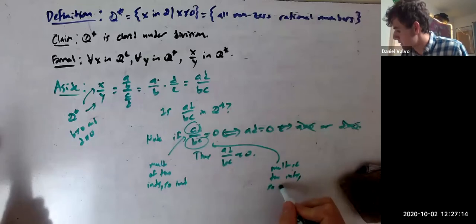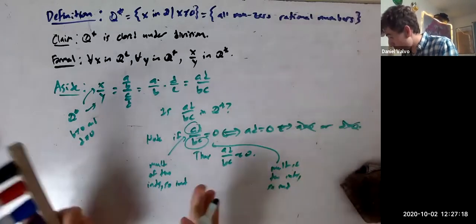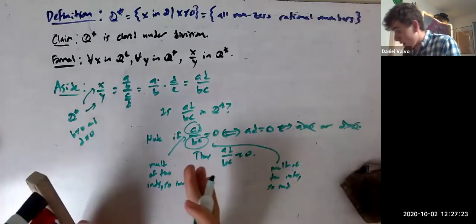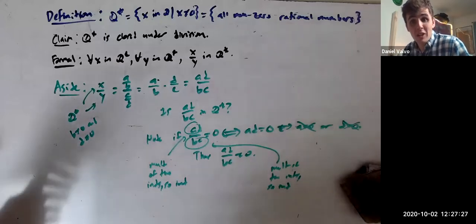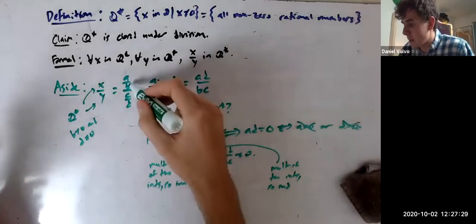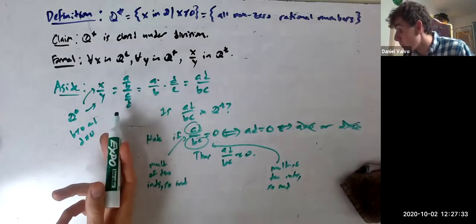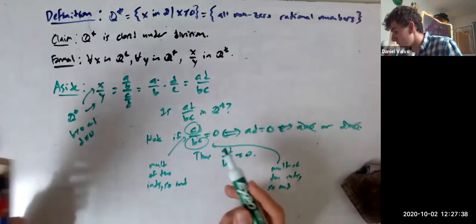Multiplication of two integers, so an integer. So this is in fact a rational number because it is the ratio of two integers. Whenever you multiply integers together, you get integers. And since we know A, B, C, D are integers by the definition of rational numbers, A times D and B times C will be integers. So this is a ratio of integers and we're good.